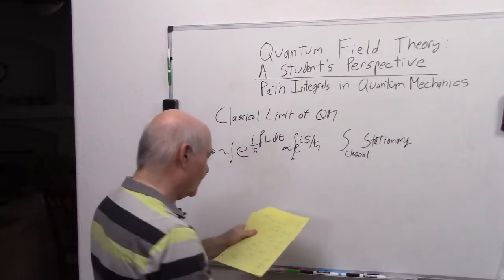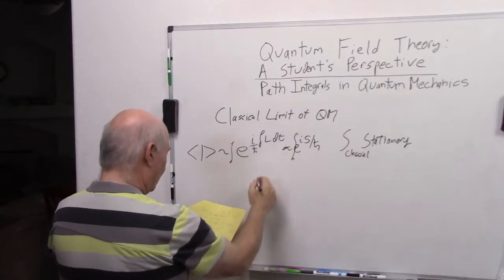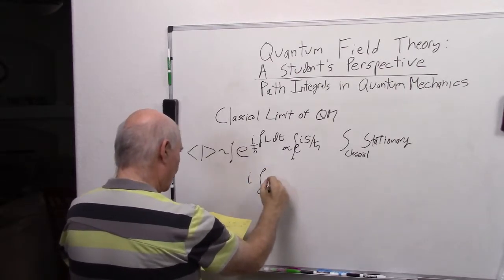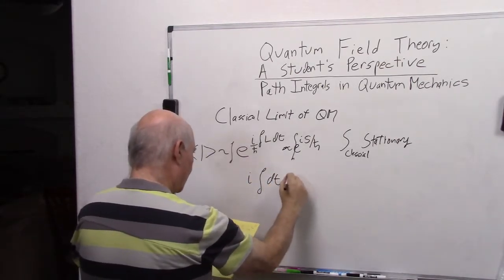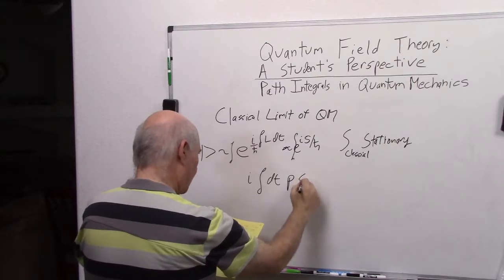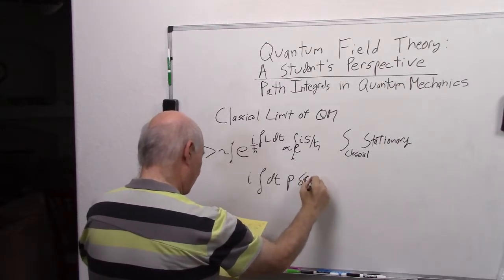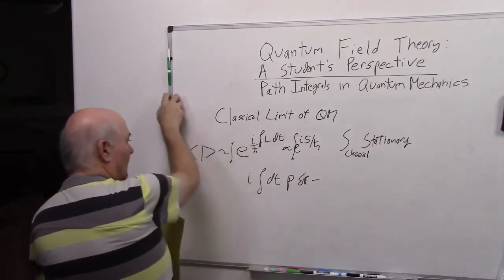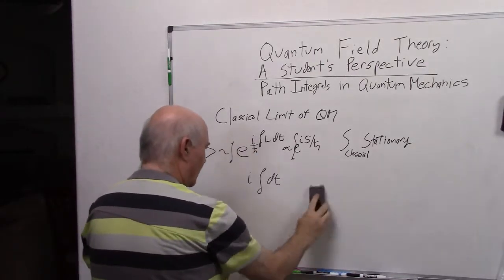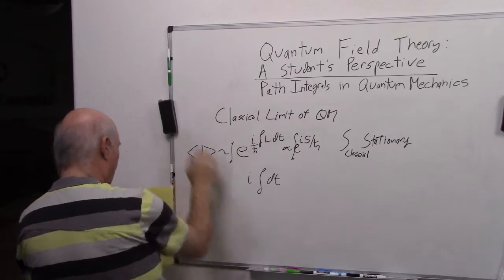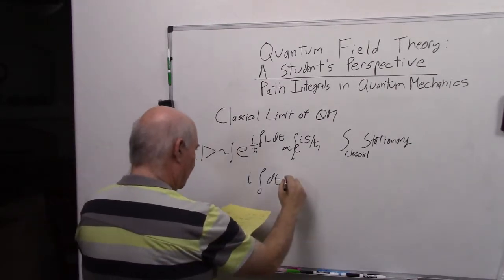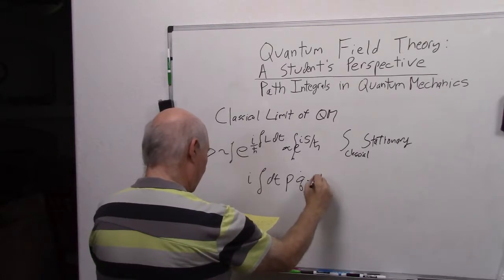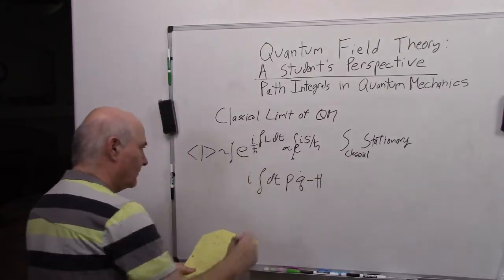Going back to the more precise formulation, we had i times the integral dt of p q dot minus h.